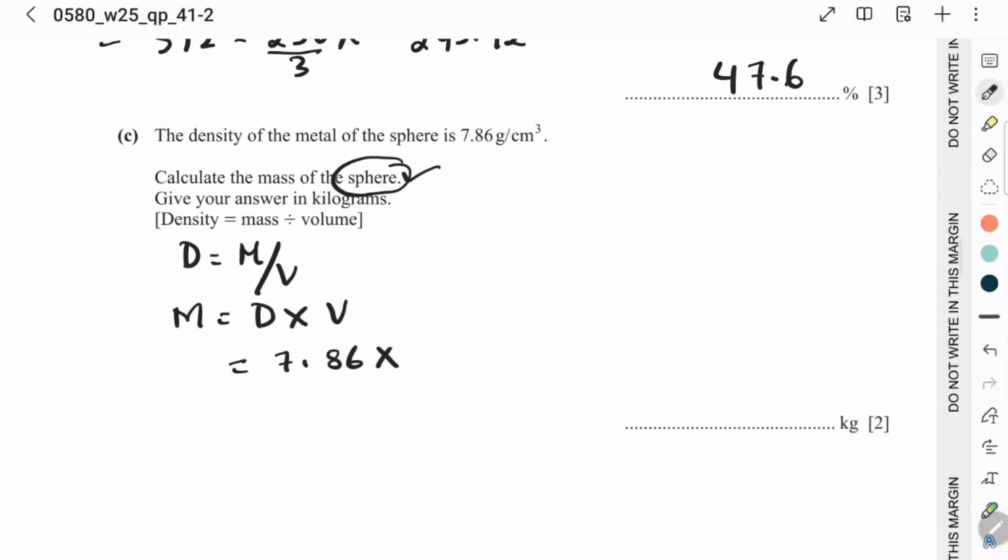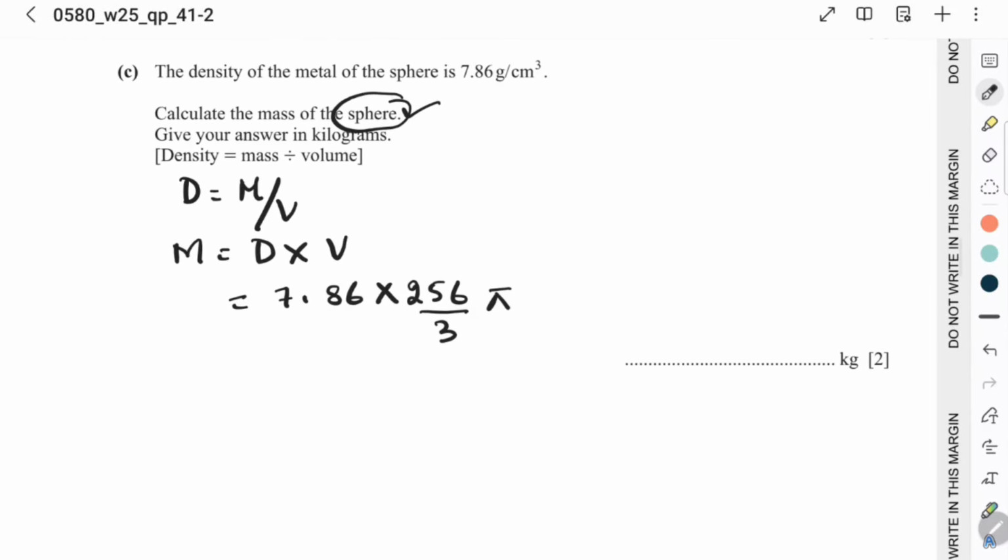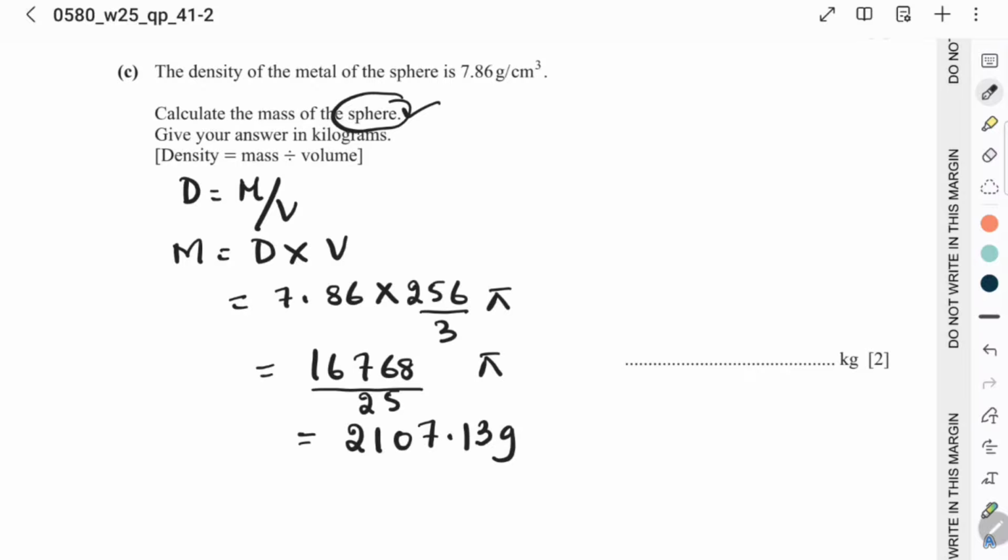Okay, so just copy it down here. 256 upon 3 pi, take your calculator, this will be equal to 16768 upon 25 pi, that is equal to 2107.13 grams. Grams, because the density was given in grams, but we have to find the answer in kg.